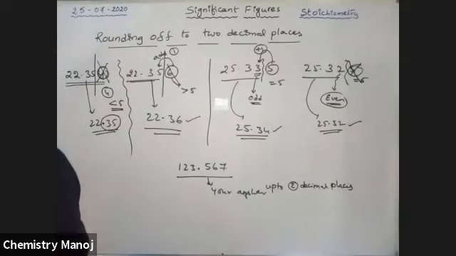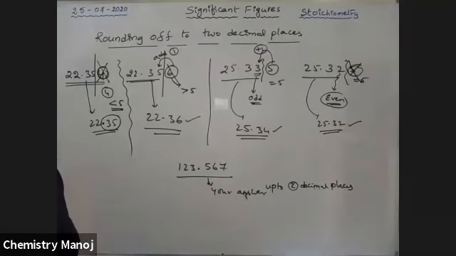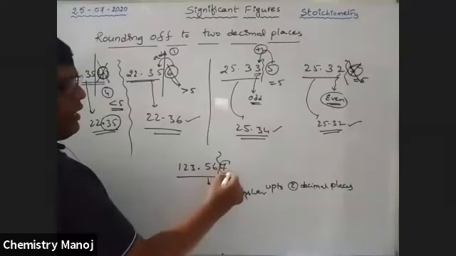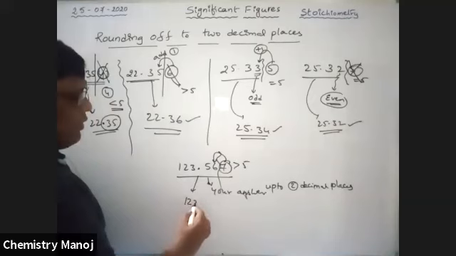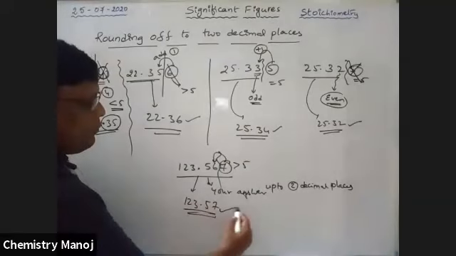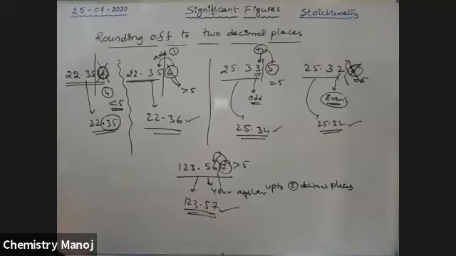Tell me your answer. Yes, correct. Rounding of 7: it is greater than 5, so add 1 to this. Therefore, the answer is 123.57.